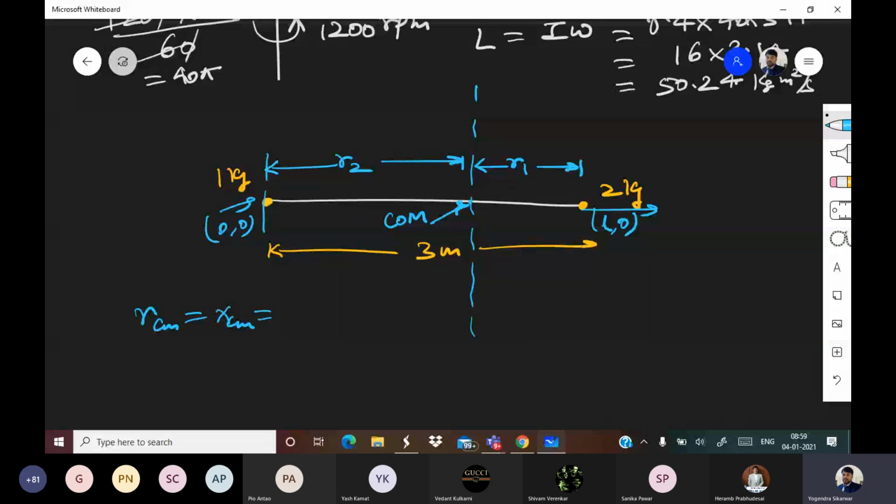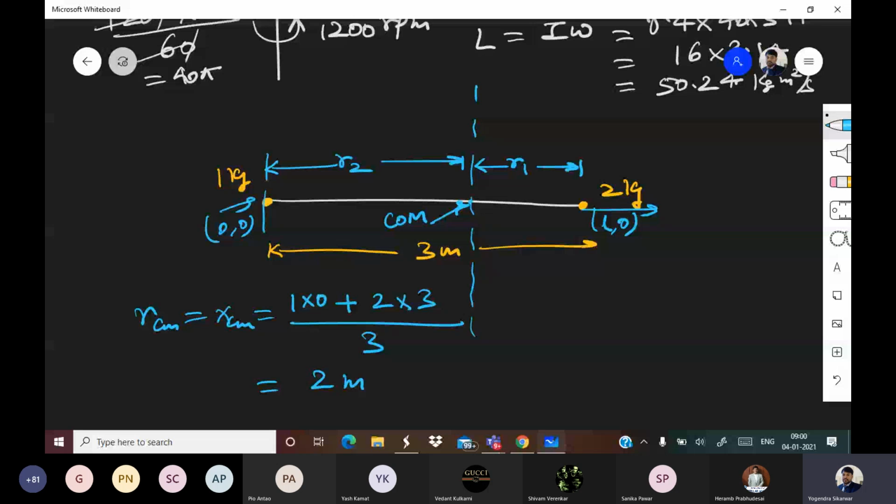So X coordinate of center of mass will be (M1 X1 + M2 X2) upon (M1 + M2), which is (1 into 0 plus 2 into 3) upon 3. The answer comes out to be 2 meters, so the center of mass is at 2 meter distance from origin.